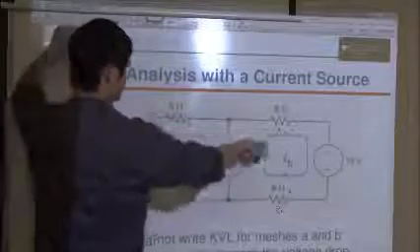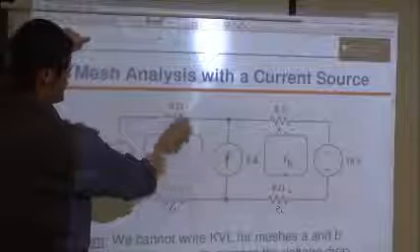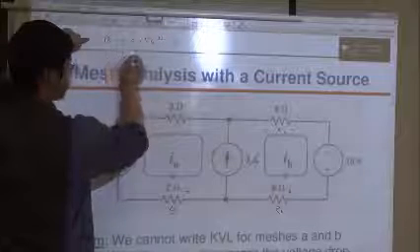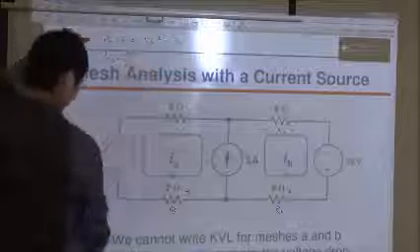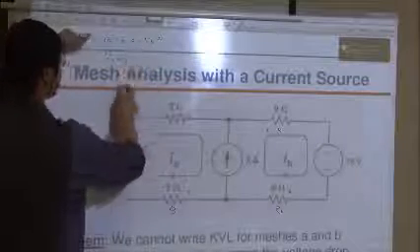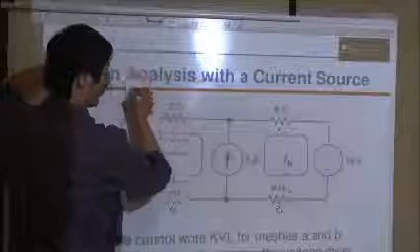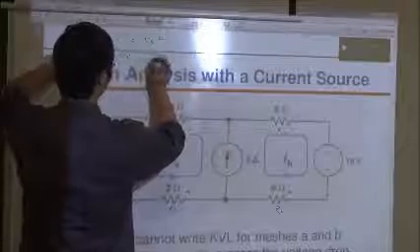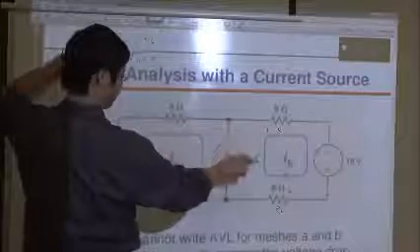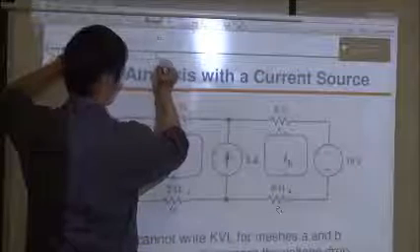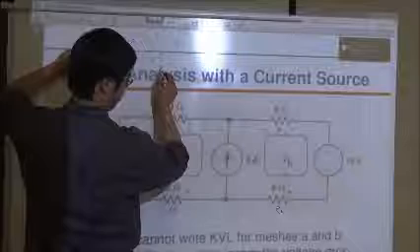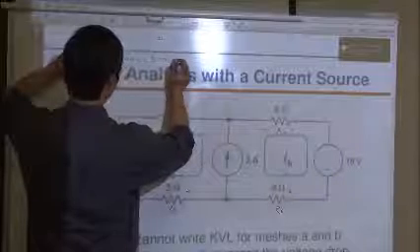Again for the other loop, we see a rise, so VS will equal 9IB, and then we see a drop, so it's minus 15, plus 6IB.